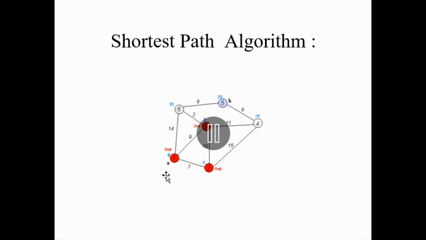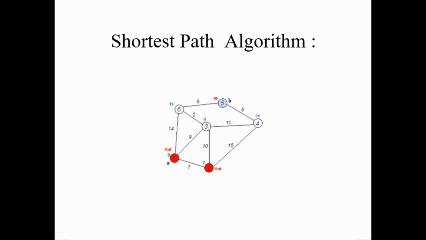It will be out of the calculations, and then we hop on to the next shortest distance node, and in that way we find the shortest path to all other nodes. We go on repeating this process until we have finished traversing all the nodes.